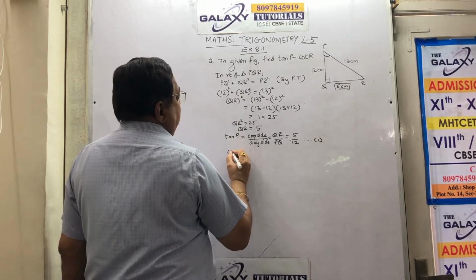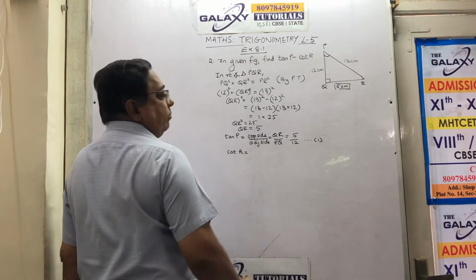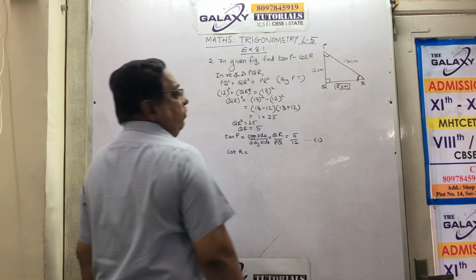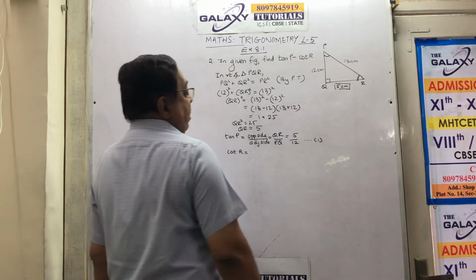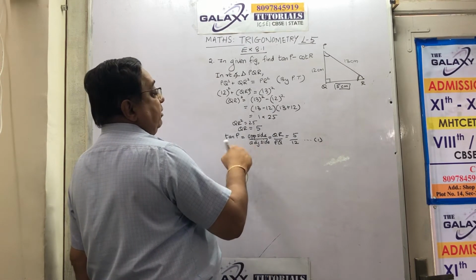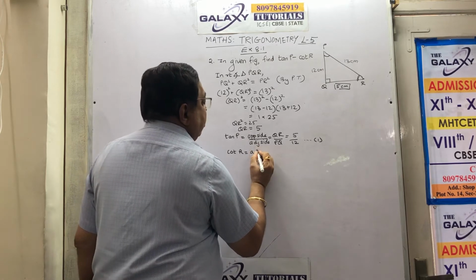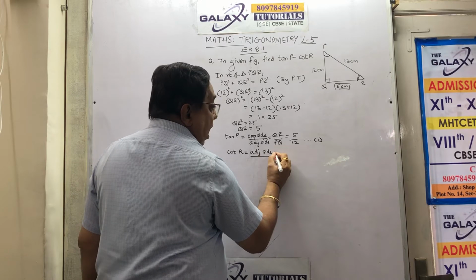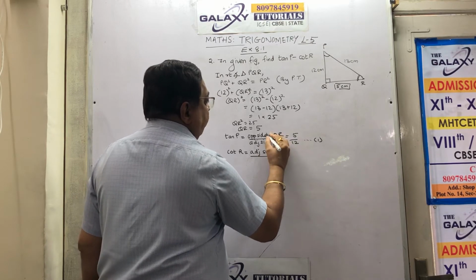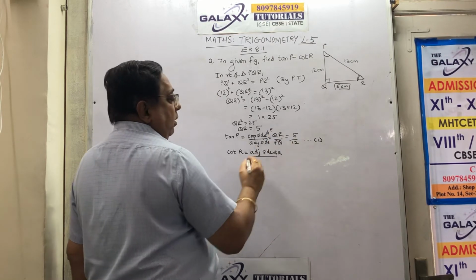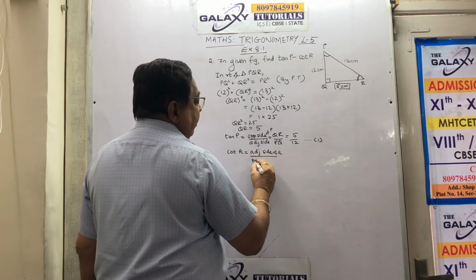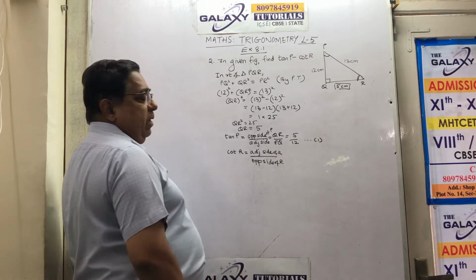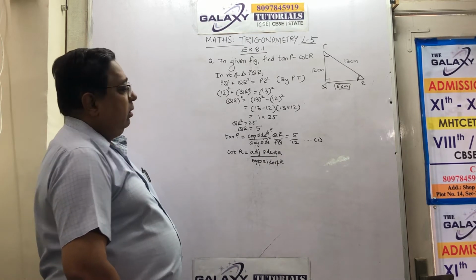I need cot R. Now I am here. See, the angle has changed, sides will change. Now tan is opposite over adjacent, cot is inverse of tan. So I have adjacent side of R, now don't forget, this was of P, upon opposite side of R. Don't look at P when R is asked.